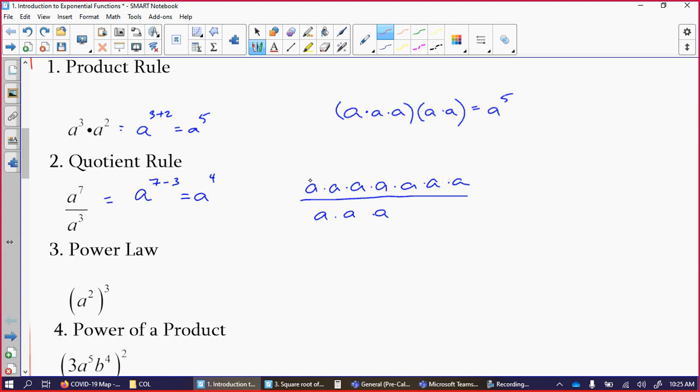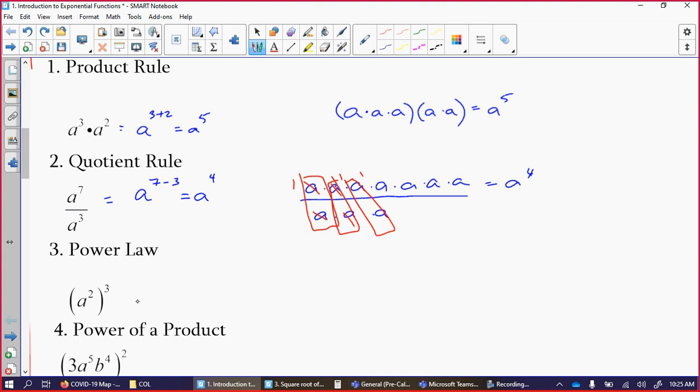We normally say if I have a over a, those cancel. And fundamentally they do, but it's not an actual cancellation. A divided by a is 1. This a divided by that a is 1. It's not that the variable disappears, it's just something divided by itself is 1, so those all go away, and we're left with a to the fourth power.